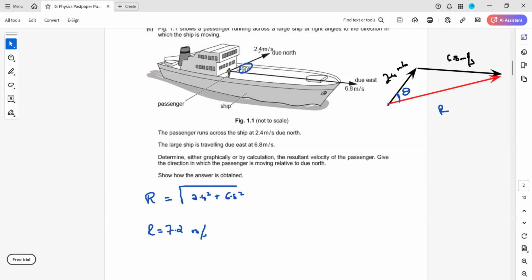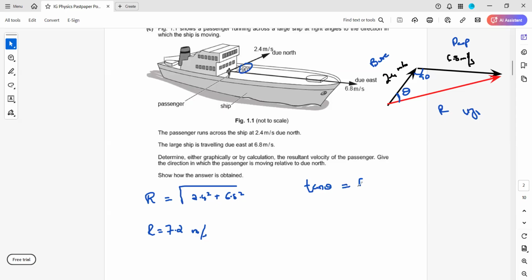The second is the angle. If we need the angle from the north, this is a right angle triangle. This angle is 90 degrees. The angle is always between the base and the hypotenuse, so this one is the base and this one is the perpendicular. We'll use tangent theta because we have the base and perpendicular, so we can use a trigonometric ratio.